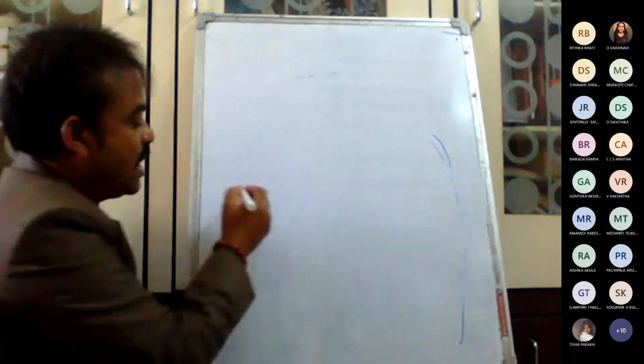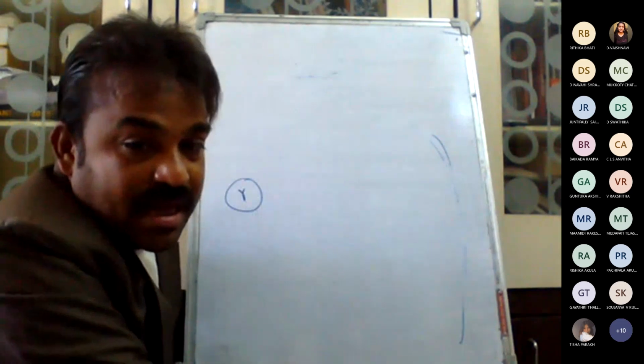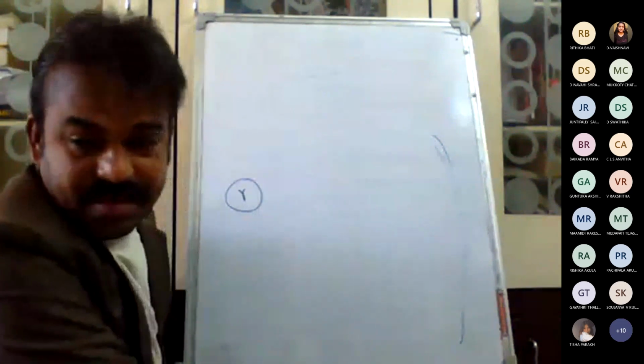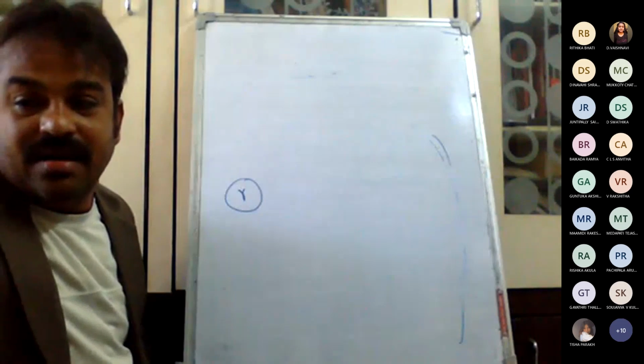Now the R symbol, remember, is the symbol for correlation. What is the symbol?